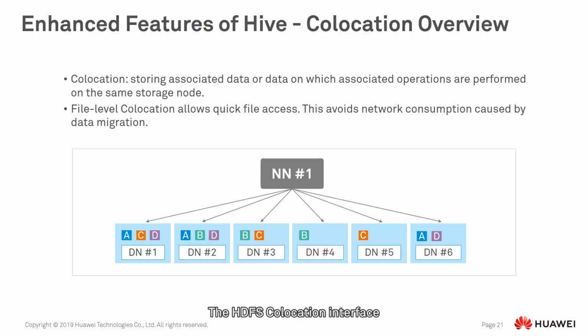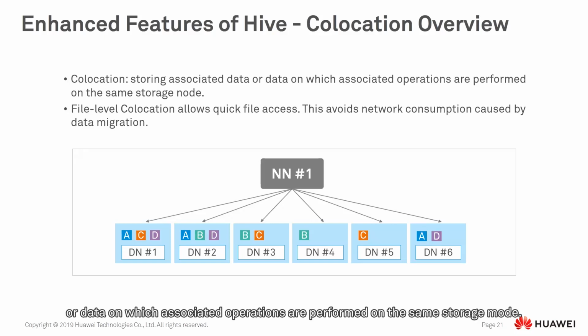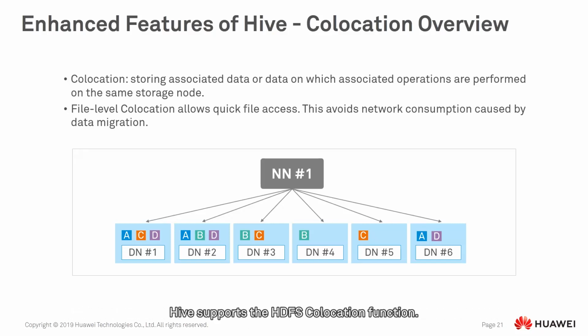The HDFS colocation interface is used to store associated data, or data on which associated operations are performed, on the same storage node. Hive supports the HDFS colocation function when Hive tables are created. After the locator information is set for table files, data files of related tables are stored on the same storage node to ensure convenient and efficient data computing among associated tables.